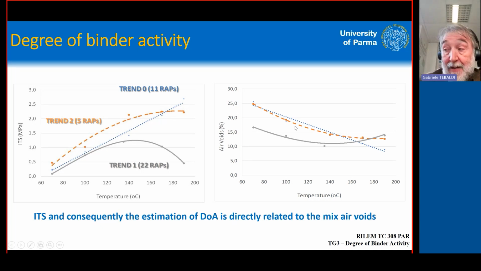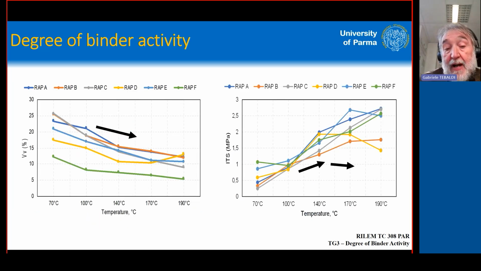So the size distribution of the RAP, again, affects the behavior, and we have to keep it in account when we do this kind of estimation. And this is a general trend that shows there are a lot of difficulties in identifying a common behavior, but if you take a lot of sources, the level of the air voids goes down as we increase the temperature, and that makes sense.